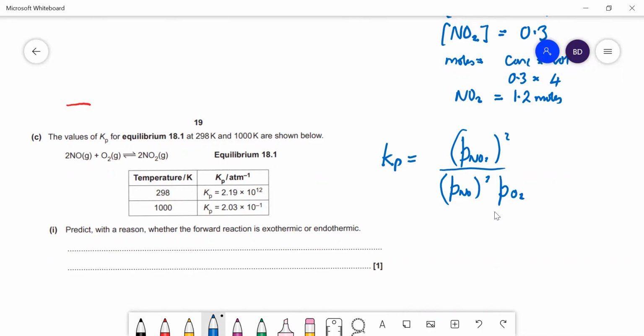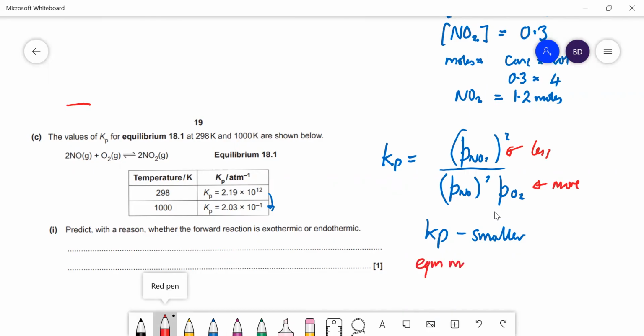Now look what happens when we increase the temperature: Kp gets smaller. That means we've got less of this at equilibrium, and we've got more of the reactants. So in other words, the equilibrium moves to the left.